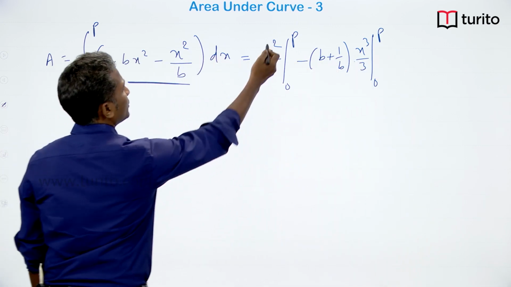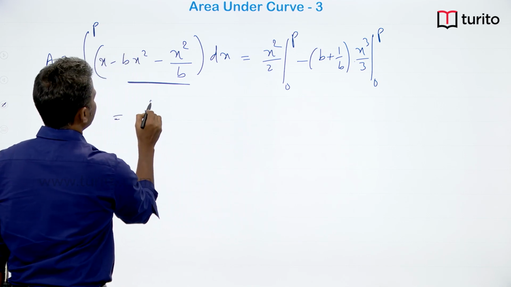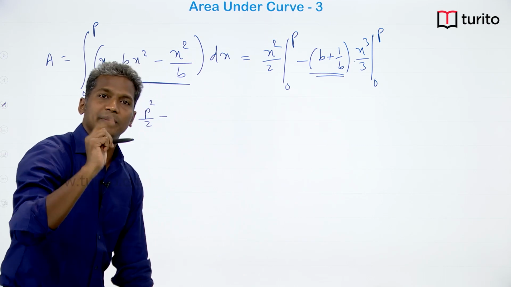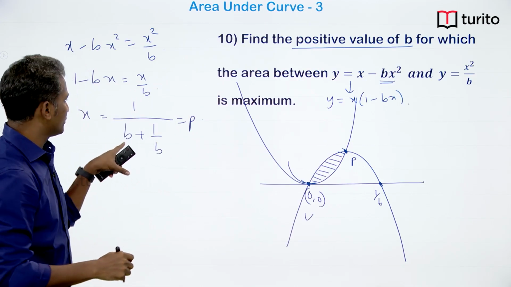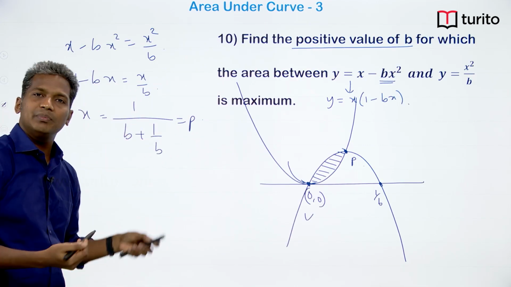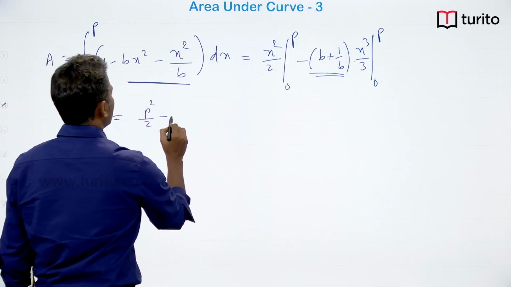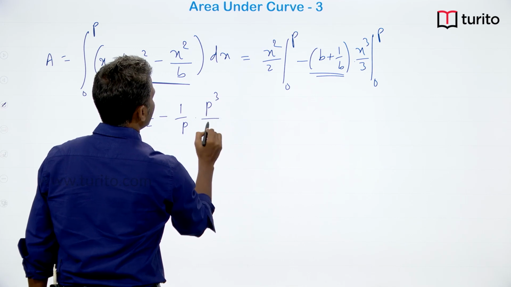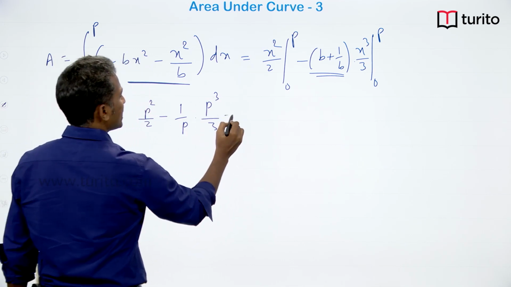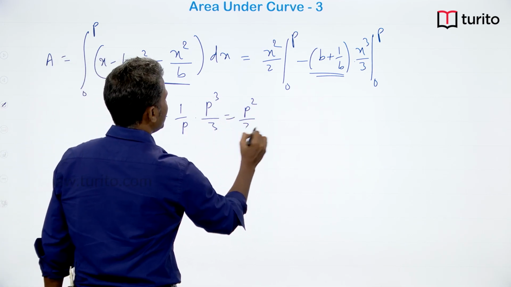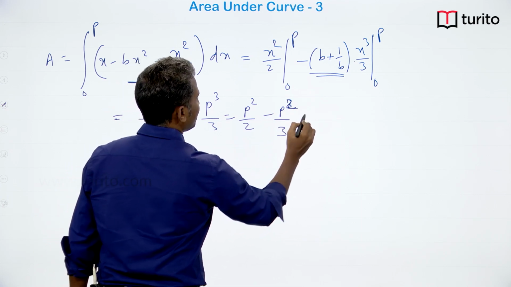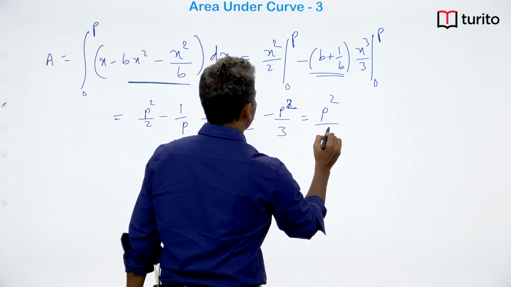Now when I put p here, we will get p square by 2 minus, this term is actually 1 by p, because here if we observe, 1 by p is basically b plus 1 by b. So here we can write 1 by p into p cube by 3, and luckily p is getting cancelled, and what is left? p square by 2 minus p square by 3. So this becomes p square by 6.